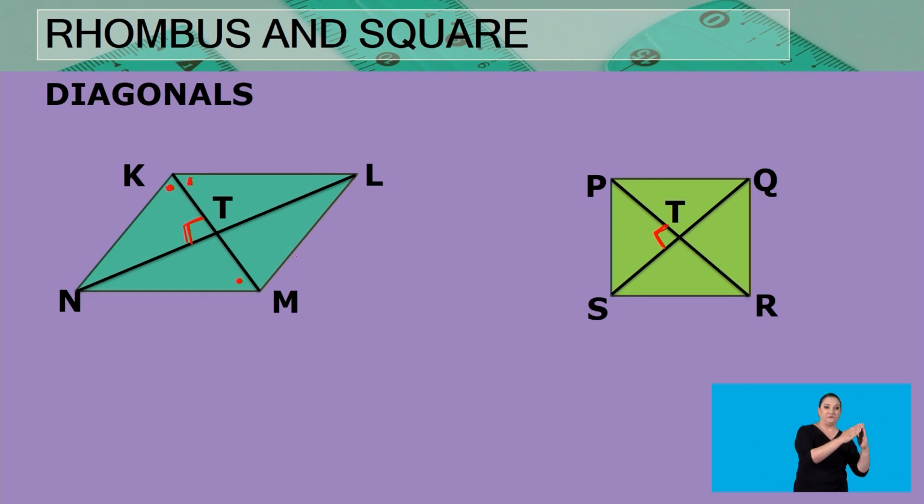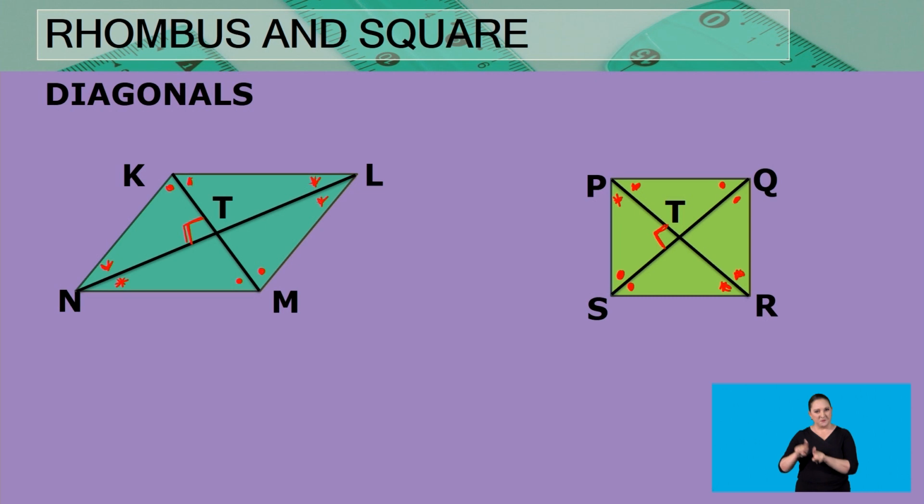So KM does bisect angle K and angle M, as well as NL does bisect angle N and angle L. Now, the same is true with a square as well, because we can say that SQ bisects angle S and angle Q, as well as PR bisects angle P and angle R.